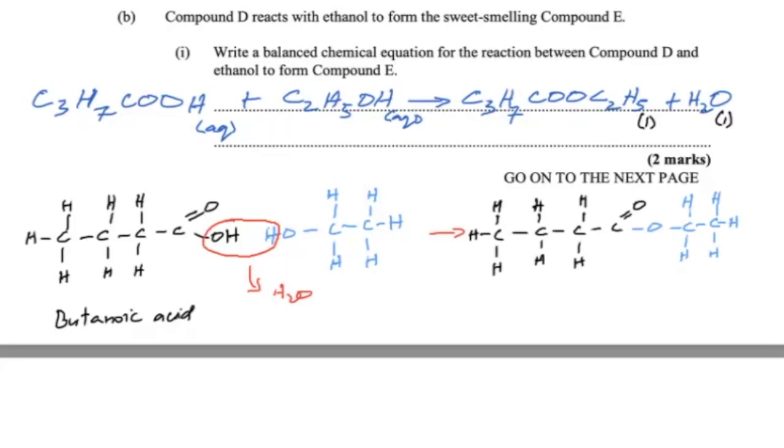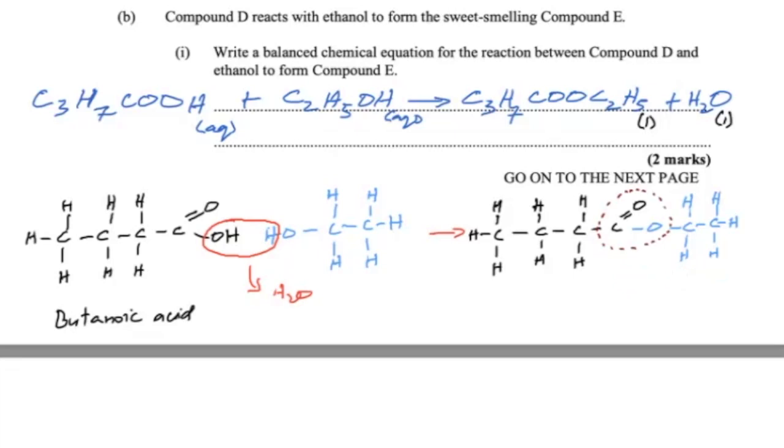Whenever I draw this, even when they don't ask, I normally highlight it to show the ester linkage. So this is an ester. That's the ester linkage. I didn't ask for it, but since we're revising, that's the ester linkage.